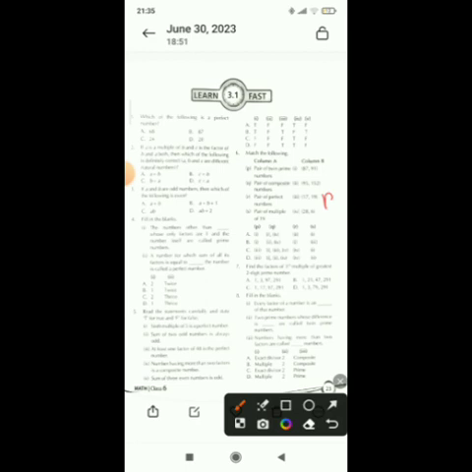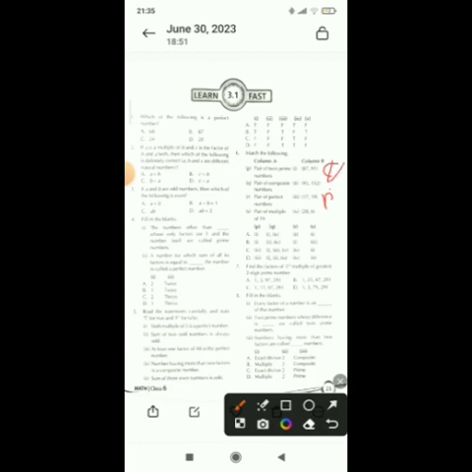Okay, next, number Q. Pair of composite numbers. Well, it is option 1, because see, 87 is a composite number, 91 is also a composite number, so it matches with Q perfectly.